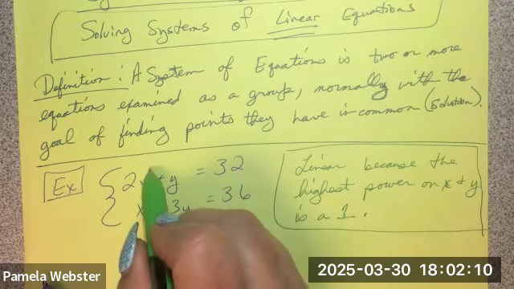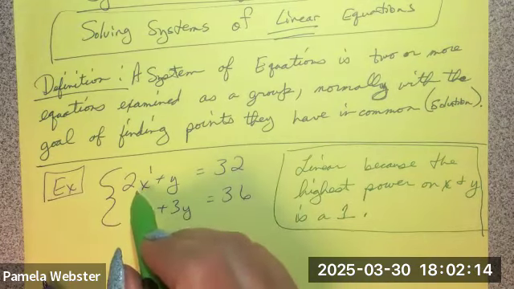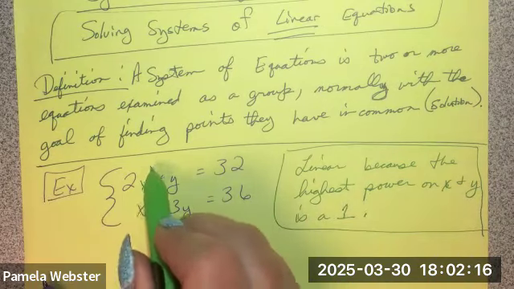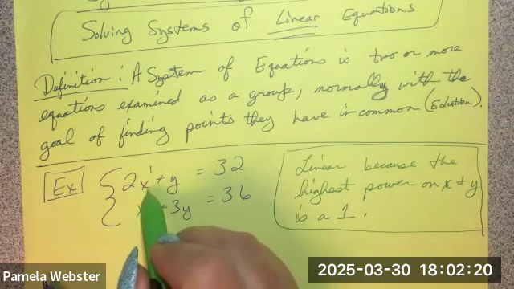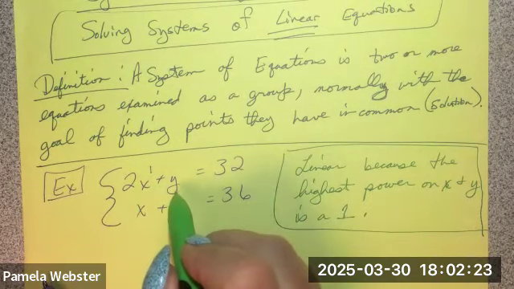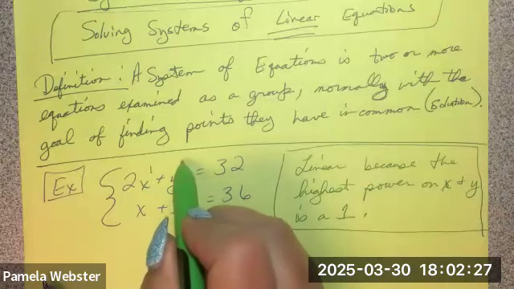Here we've got 2x. It's really raised to the first power. I don't have to write that. Most of the time we don't. But what is the biggest power on x here? It's a 1. We don't have ax squared plus bx plus c, which would throw us into quadratic format. And same thing here on the y.